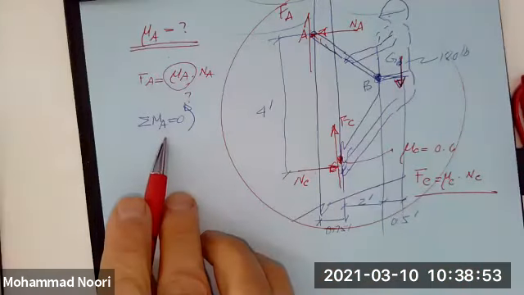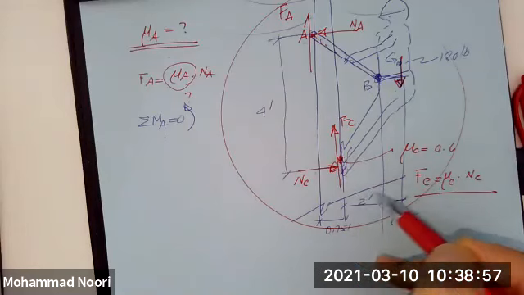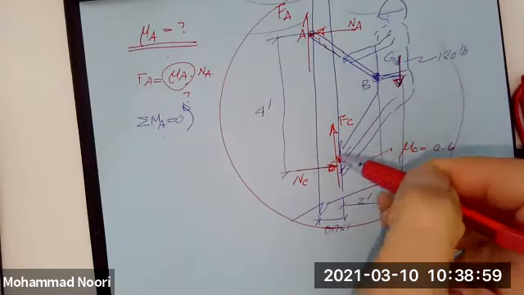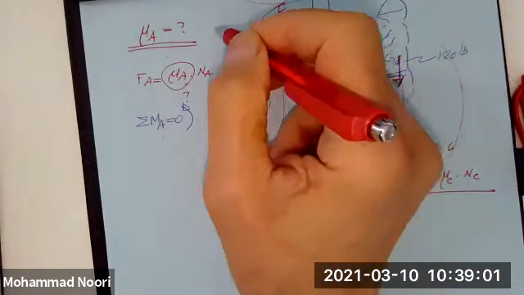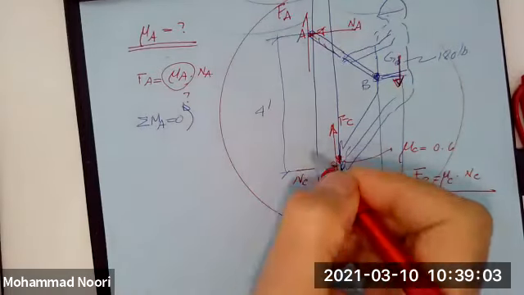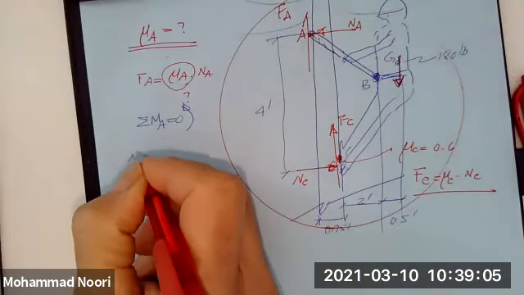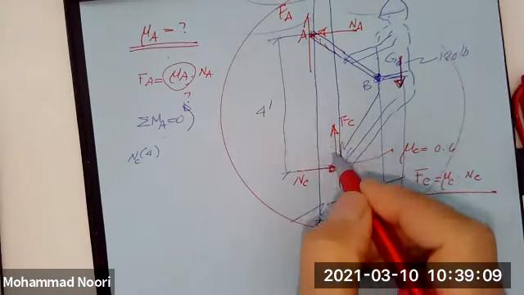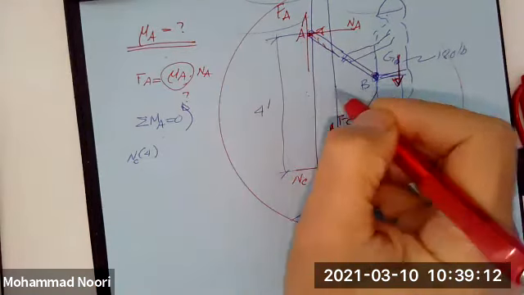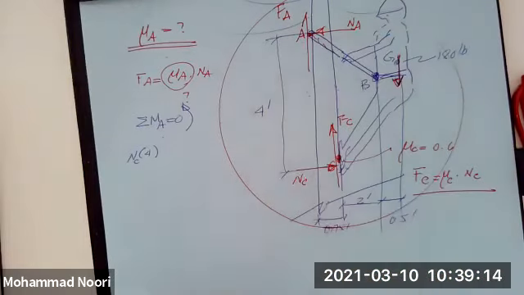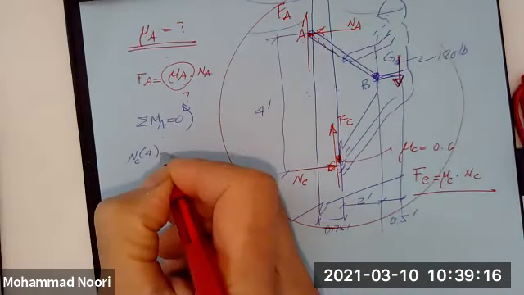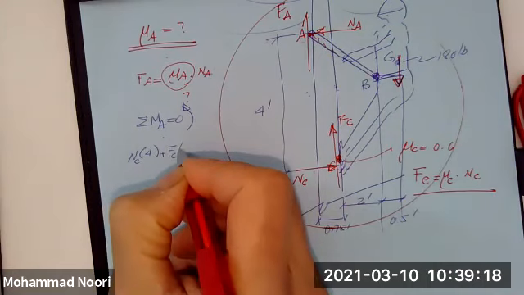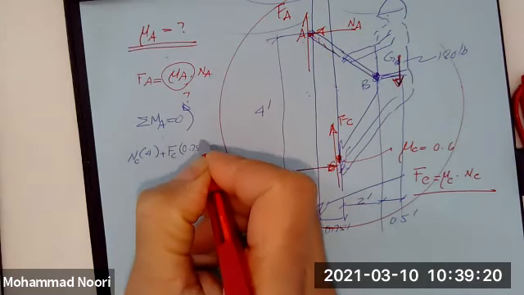All right, so if I take summation of moments about A, what do I have? I have the moment generated by N sub C, counterclockwise, vertical distance is 4, so N sub C times 4. The moment by F sub C, this is the vertical distance between this and the point of rotation, so I have plus F sub C times 0.75.